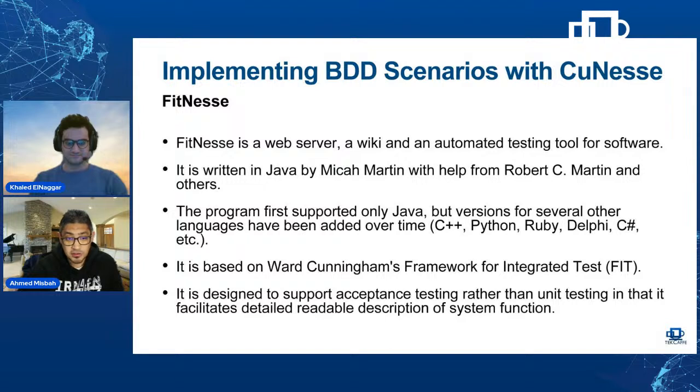The first program supported only Java, but it has been adapted later on to support multiple other programming languages. It was based on Ward Cunningham's Framework for Integrated Tests, that is Fit. It is designed to support acceptance testing rather than unit testing, and it facilitates detailed, readable description of system function.